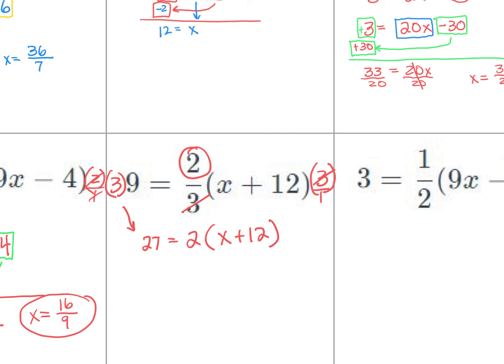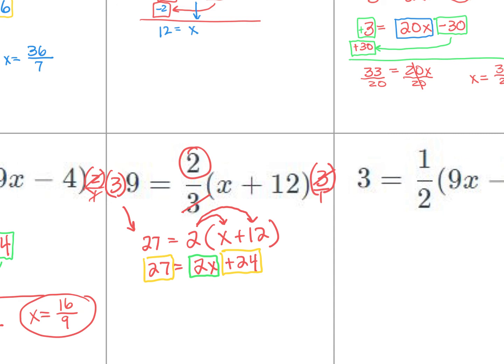We've got to distribute. 27 equals 2 times x is 2x. Now 2 times positive 12 is positive 24. We've got a number term and a variable term.